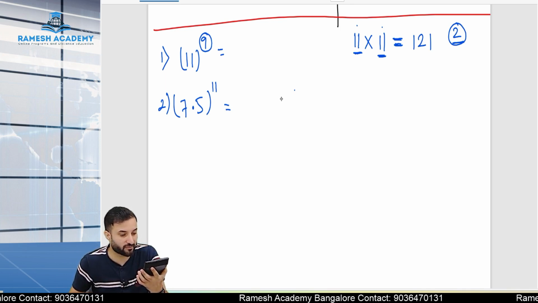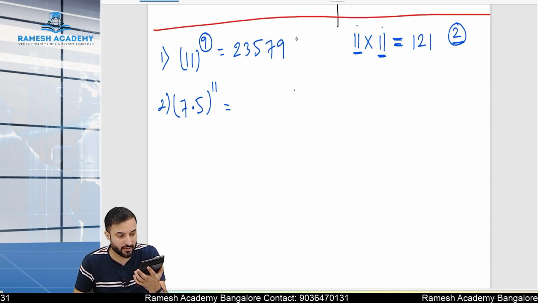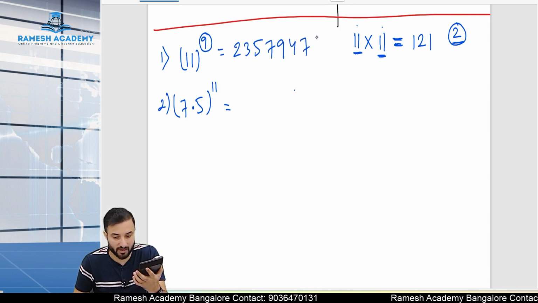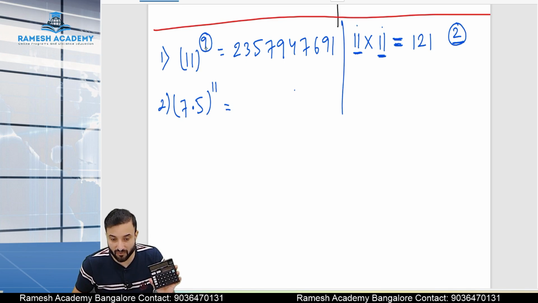So how much are you getting? You are getting 2, 3, 5, 7, 9, 4, 7, 6, 9, 1. You are getting this much. This is 11 power 9.